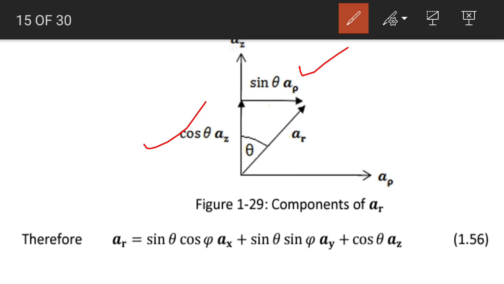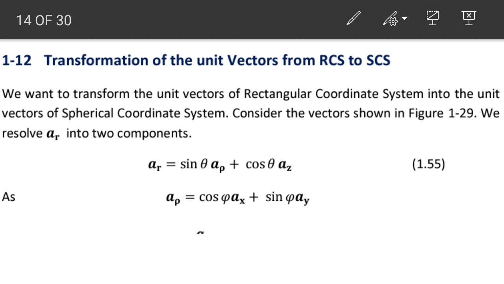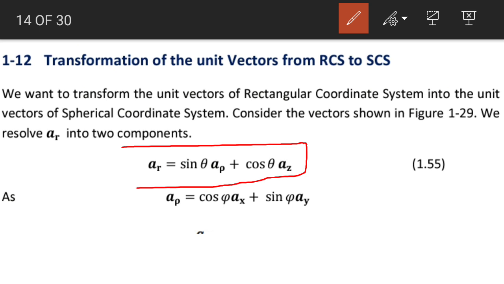So the unit vector ar can be written as: ar has been resolved into two components. It has a component along the unit vector a rho, which is sin theta a rho, plus a component along the unit vector az, which is cos theta az.